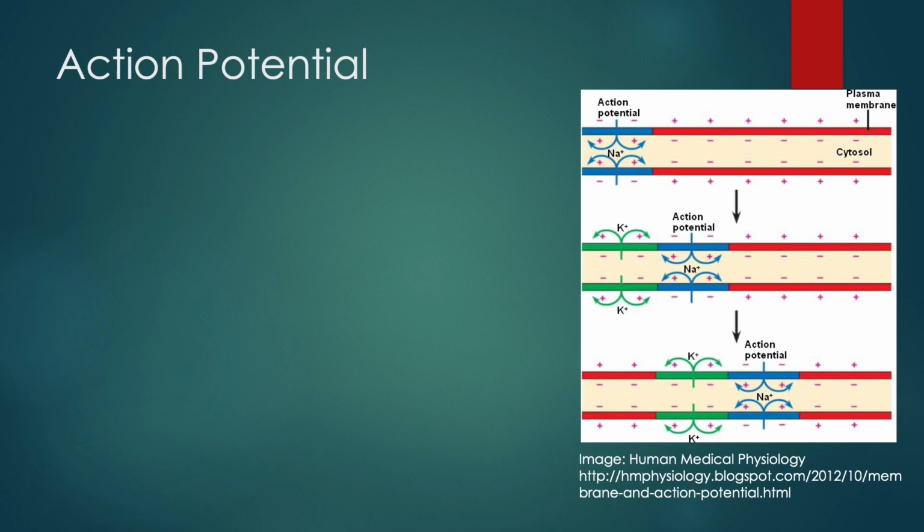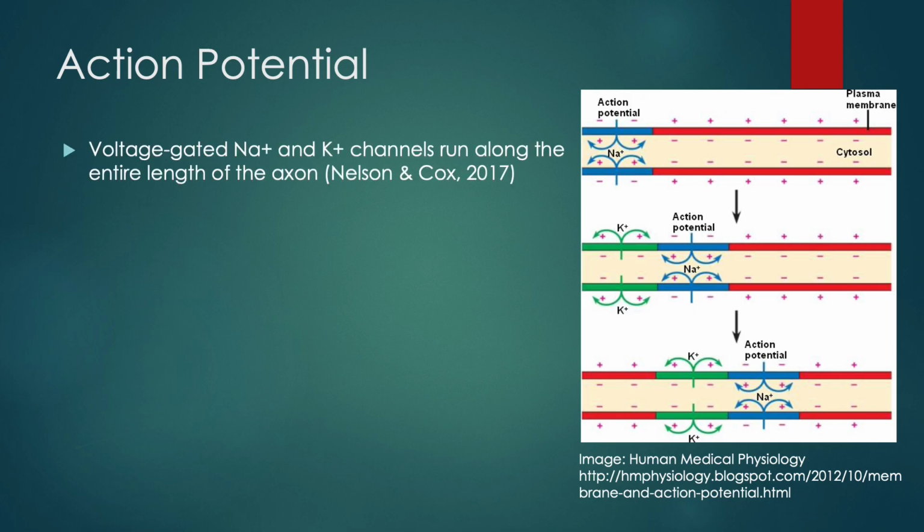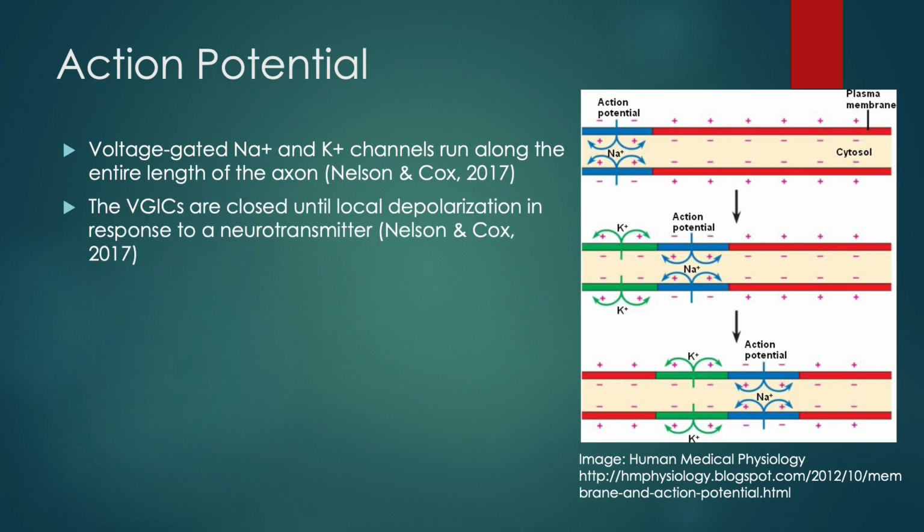And so what we get here is then an action potential. And so voltage-gated ion channels that are sodium and potassium run along the entire length of the axon. And the voltage-gated ion channels are closed until local depolarization happens in response to some type of neurotransmitter.